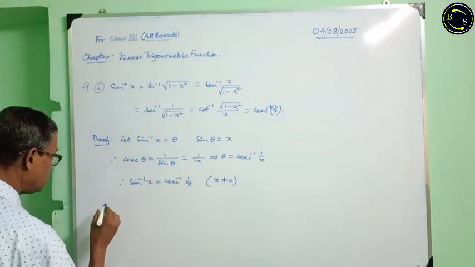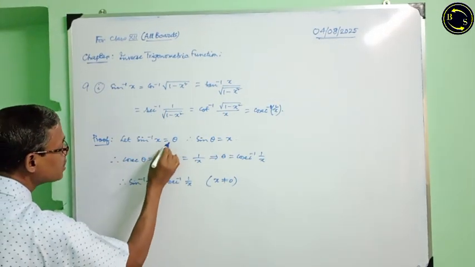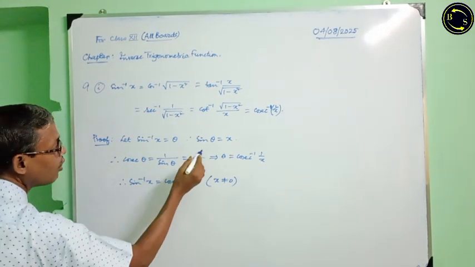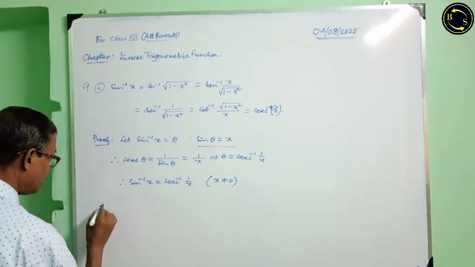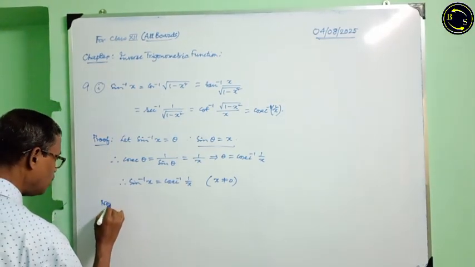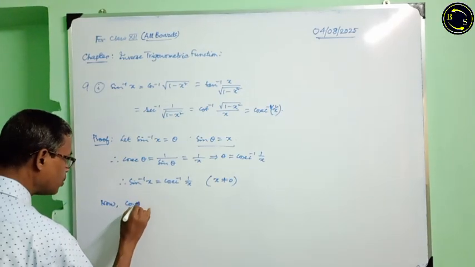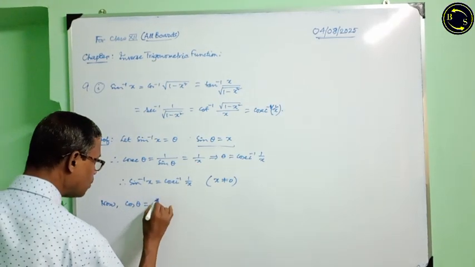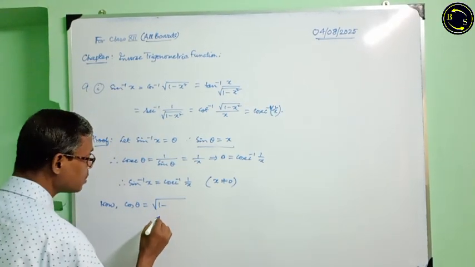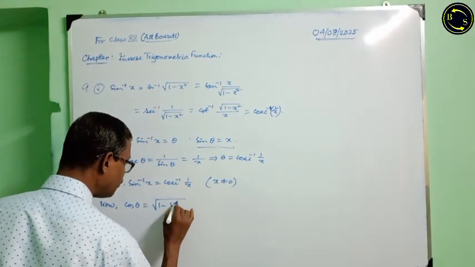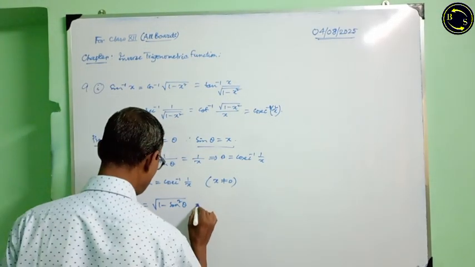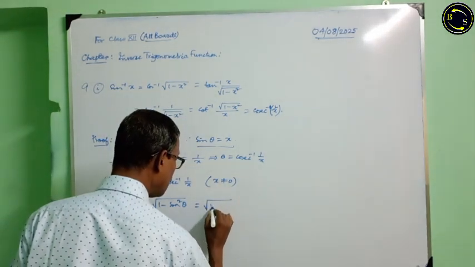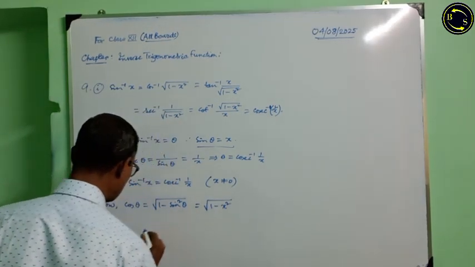Then to prove this one, sine inverse x equal to theta, and already we have got sine theta equal to x. Now cos theta is equal to root over 1 minus sine square theta. Therefore, that is equal to root over 1 minus x square.